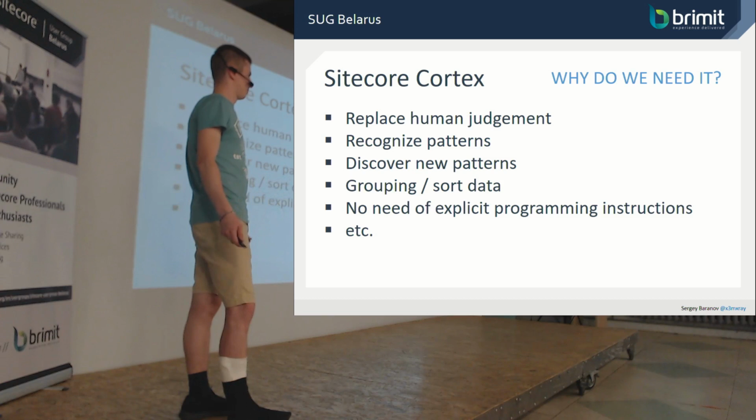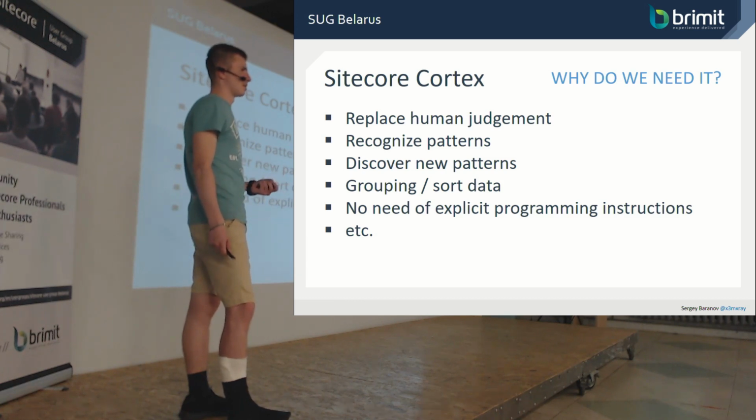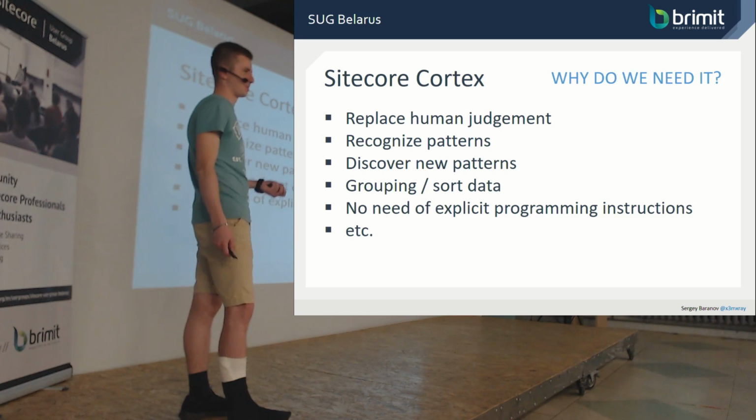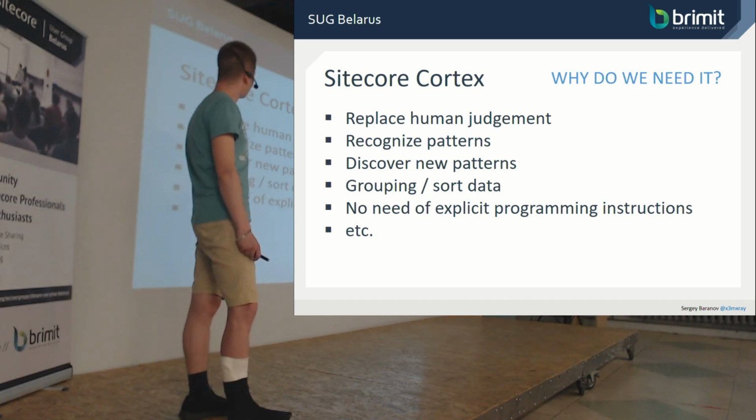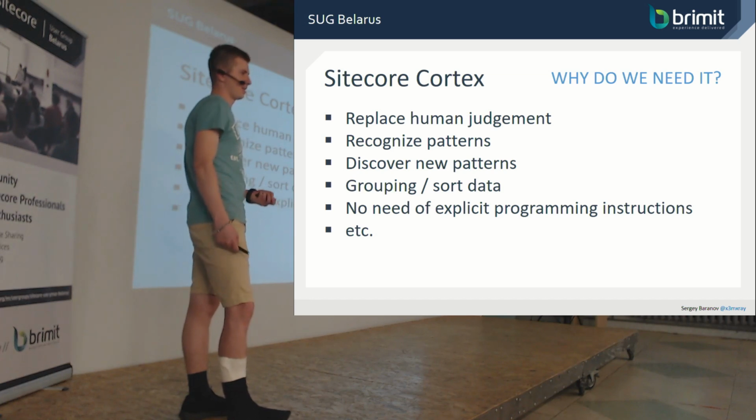But how can we implement these rules when we don't know who is bad and who is worst? For example, we have one customer who has only one order this year, but a very, very expensive order. Who is this customer? Good, best, or bad? It's unclear. And machine learning can easily do this task.